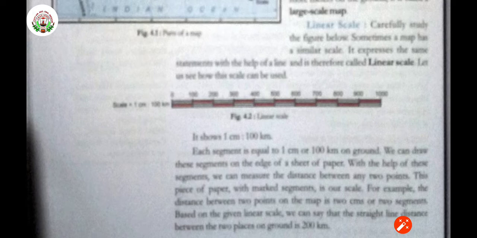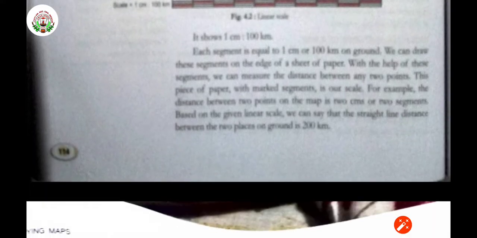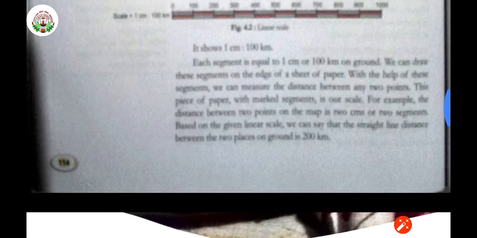We can draw these segments on the edge of a sheet of paper. With the help of this, we can measure the distance between any 2 points. If it is 5 centimeters, it means 1 centimeter is 100 kilometers, so you multiply 100 into 5, and 500 kilometers it is going to be. Now, this piece of paper with marked segments is our scale.